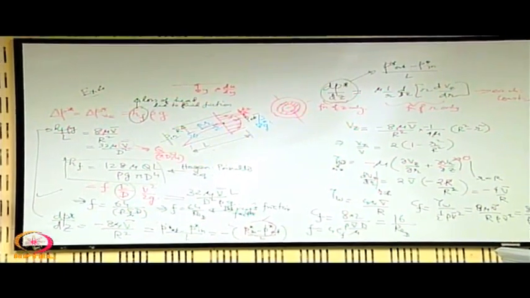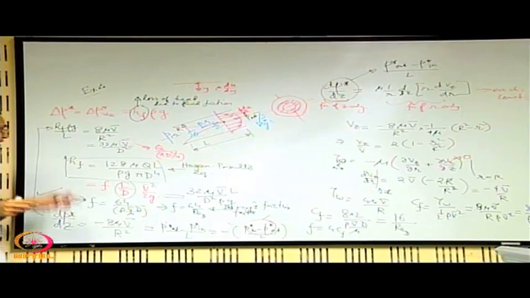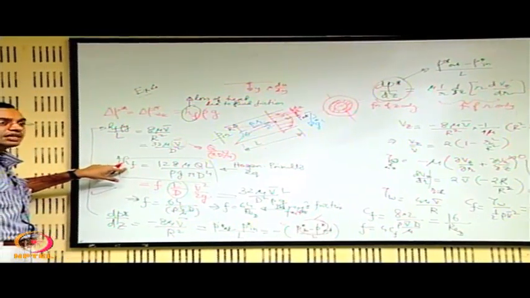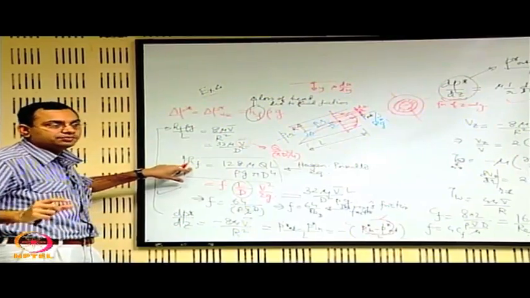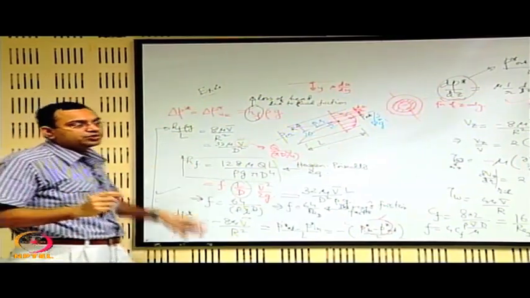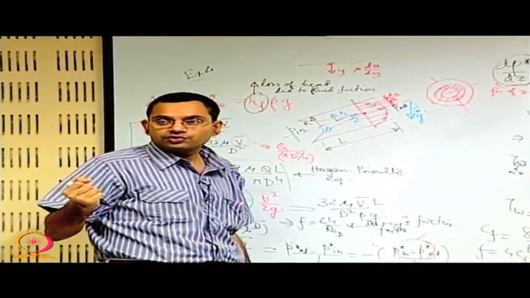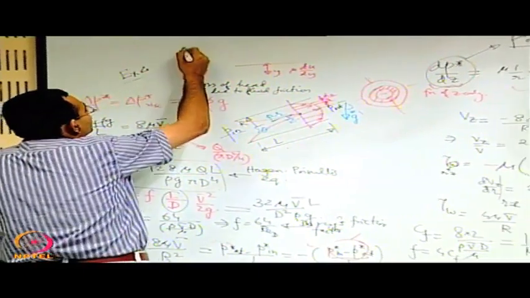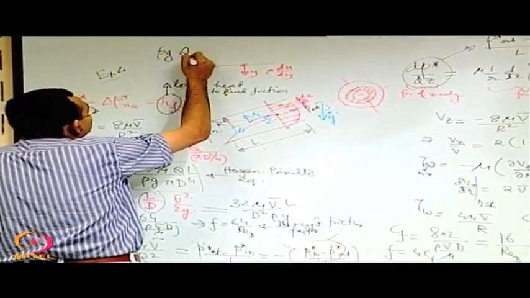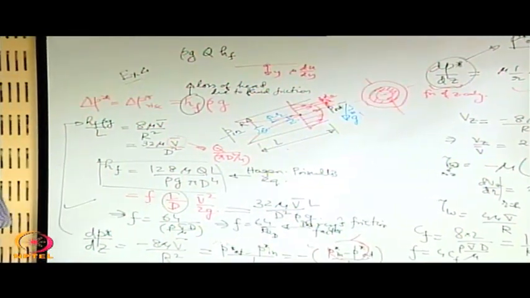To know that, you have to know the pressure drop that is taking place. First of all, you find the HF, the head loss over that length; then that into rho into g is the pressure drop, and the pump should have enough power to overcome that. So the pump should have a power given by rho g into Q into the head loss; it has to overcome that loss.